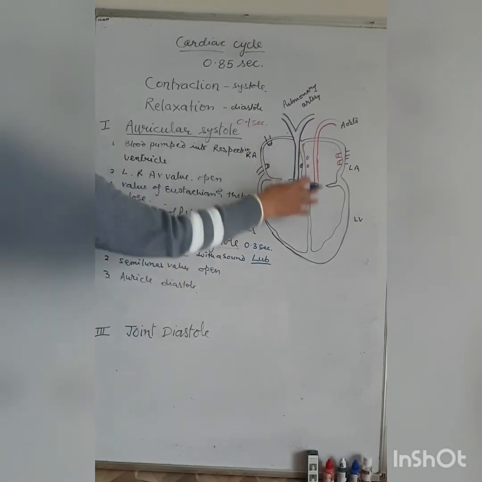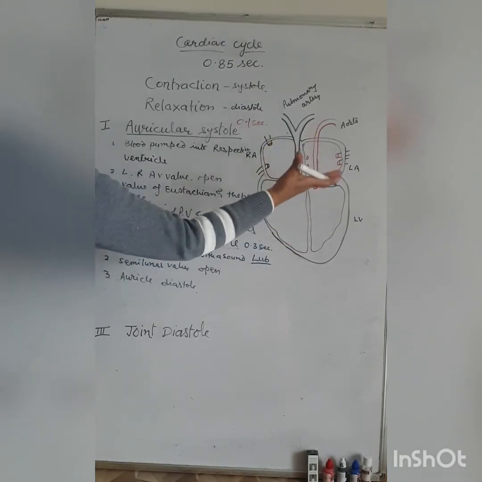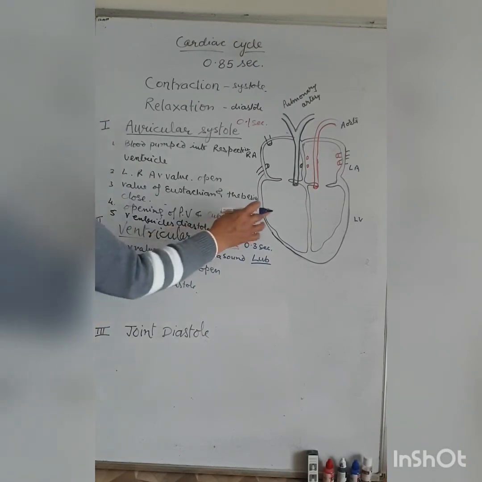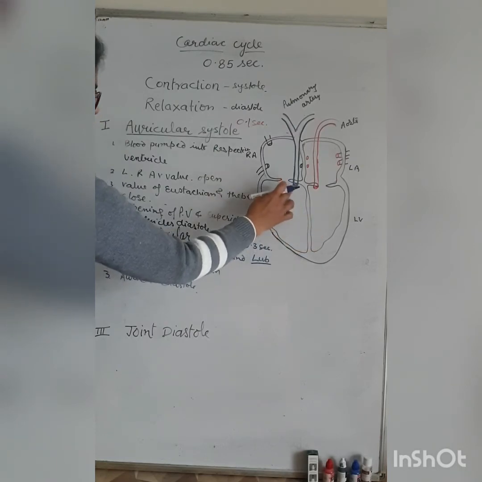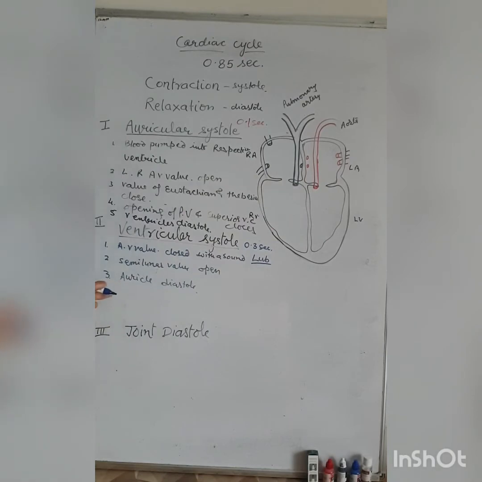When the blood comes in here, it relaxes. So the auricle contracts, the blood comes into the ventricle, the semilunar valves are open and the atrioventricular valves are closed. And the sound produced is lub. It takes the time of 0.3 second.